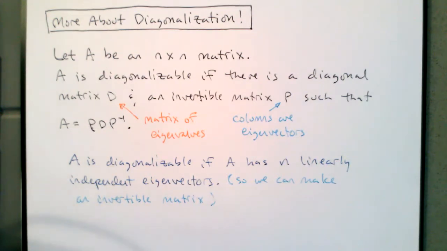An nth degree polynomial equation will have n complex zeros, counting multiplicities. So we really need to look at more cases, and we need to look at when we're going to have these linearly independent eigenvectors.